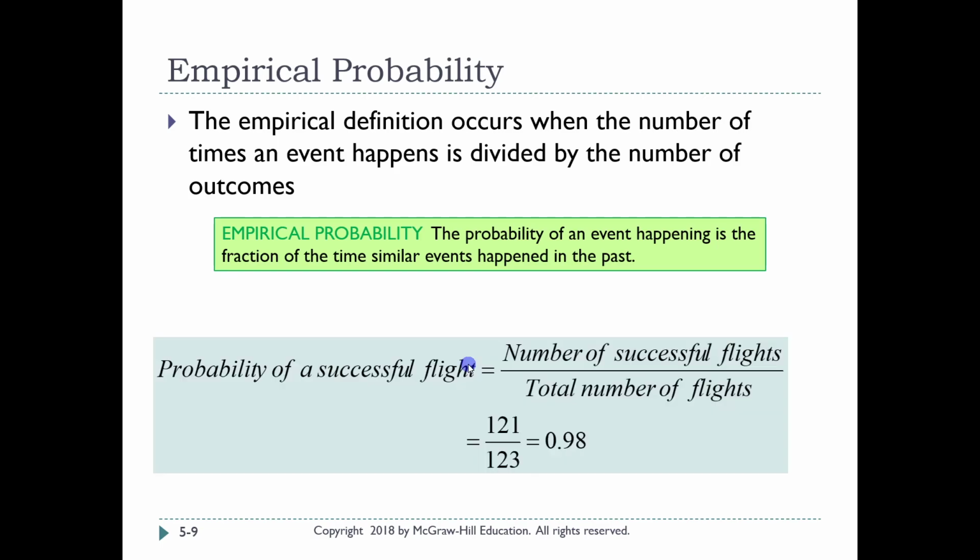So we would look at the number of successful flights compared to total flights, right? Hopefully, maybe this is a paper airplane, hopefully we're not only at 98% successful flights. But we would rely on that past information to determine the probability of a future success.